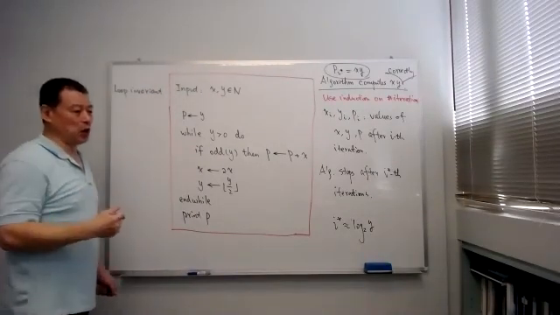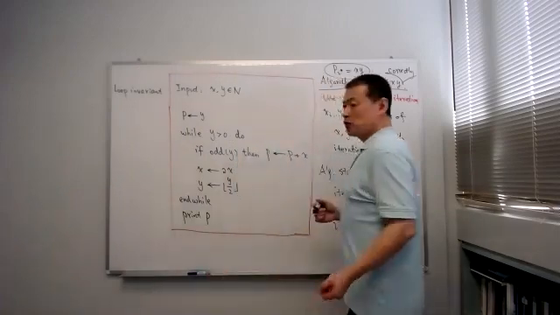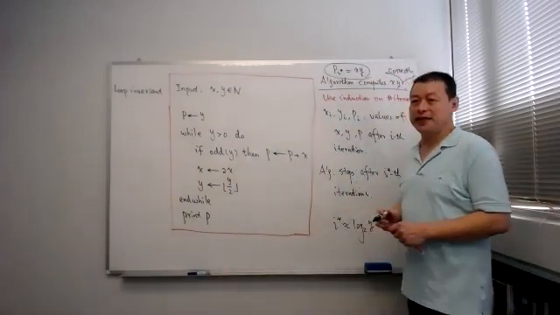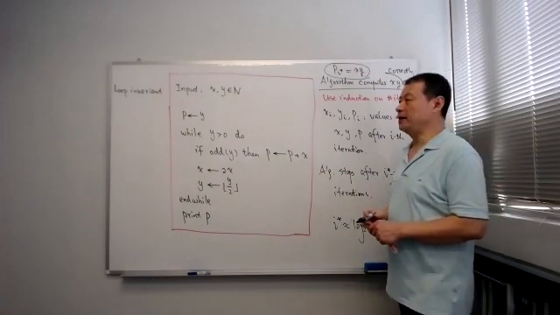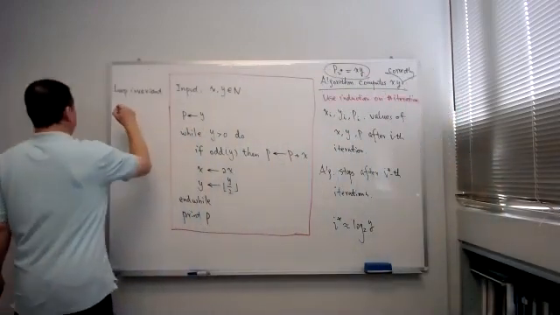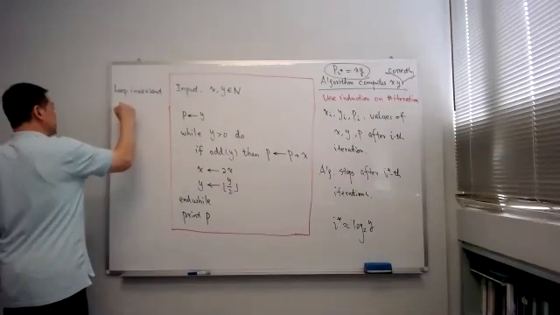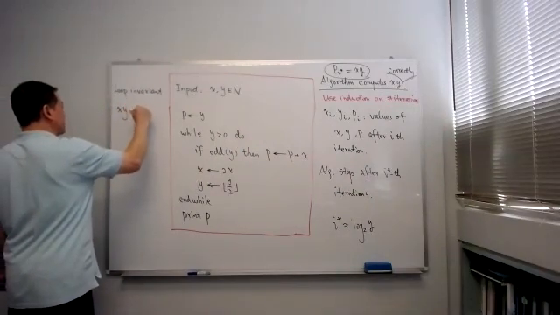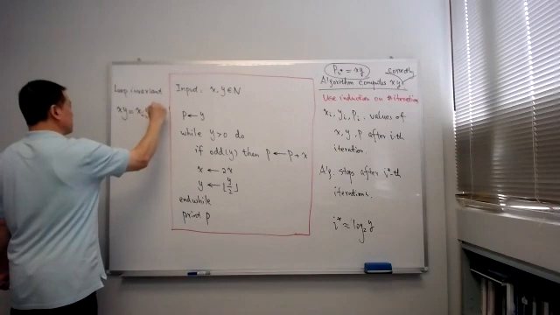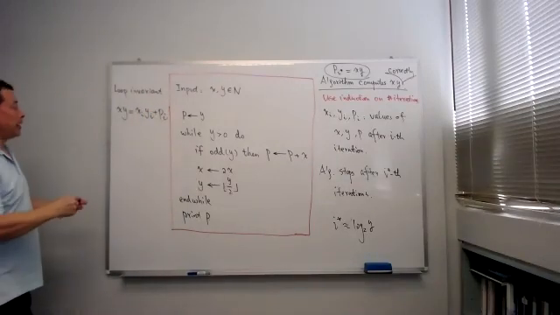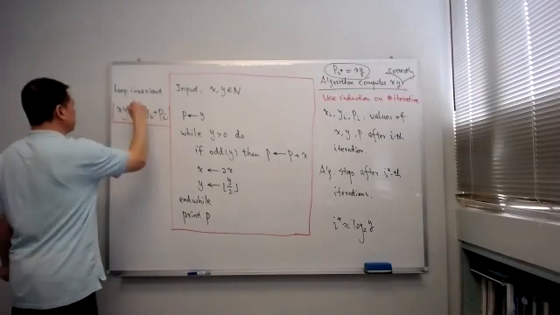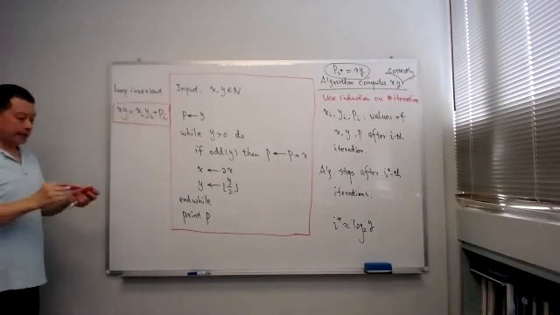Something that always holds. It's not trivial. Actually, in this case, it may not be easy to spot the loop invariant. All right. So that's the recurrence. That's the recurrence.